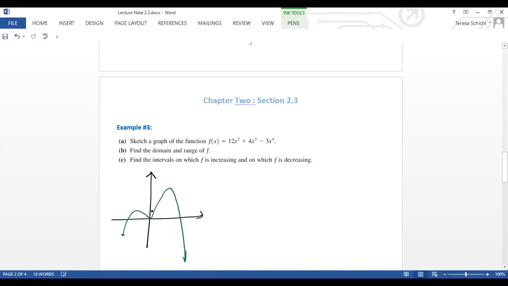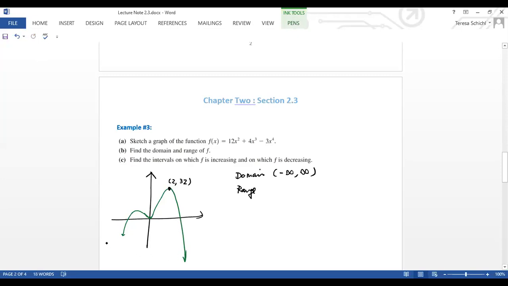If you want to see the detail, go to Desmos. The domain is the x values, from negative infinity to positive infinity. The range is the y values. We know this point a while ago is 32, so the largest value y can be is 32.